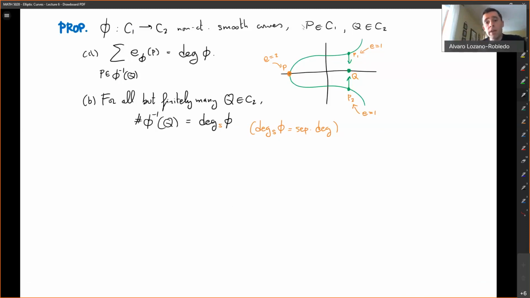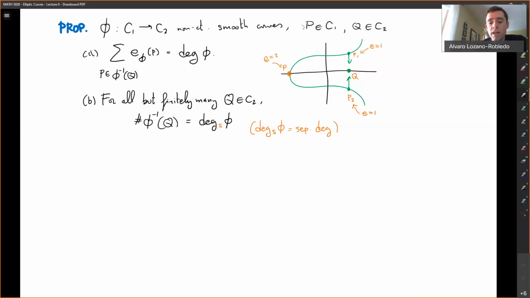By the way, this was a question after I turned the video off. Ben asked: if you have a map, can there be infinitely many ramified points? This part of the theorem tells you that no, there are only finitely many places where there might be ramification.